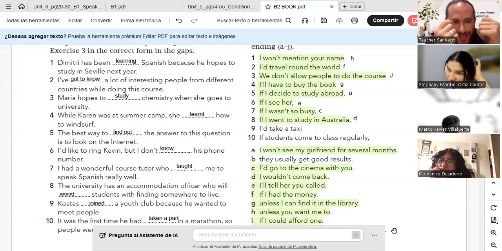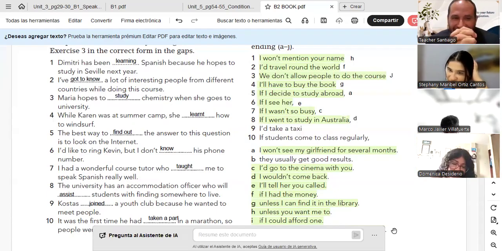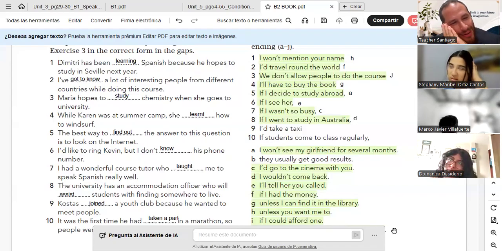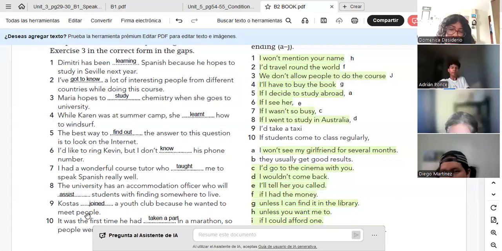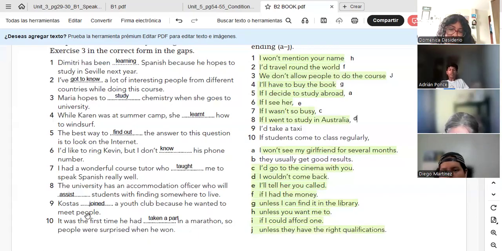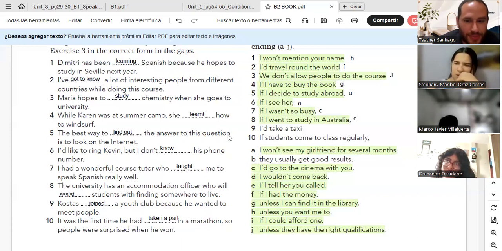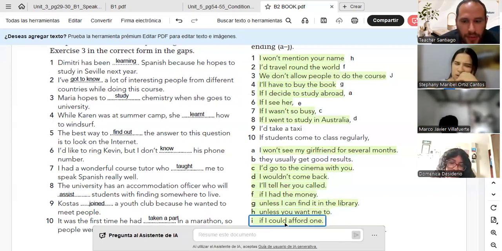Afford es como tener la capacidad de pagar algo, la capacidad monetaria de poder pagar algo. If I could afford one.